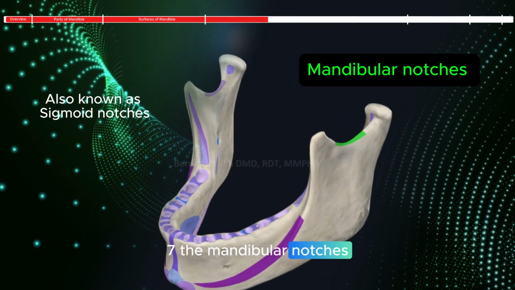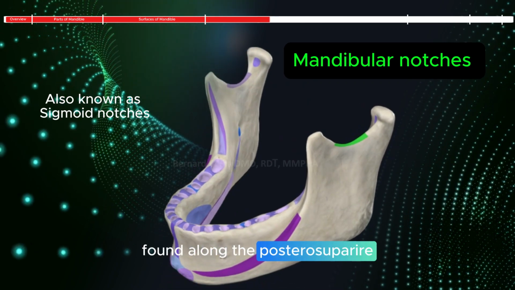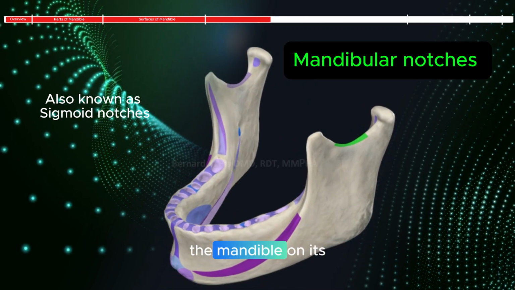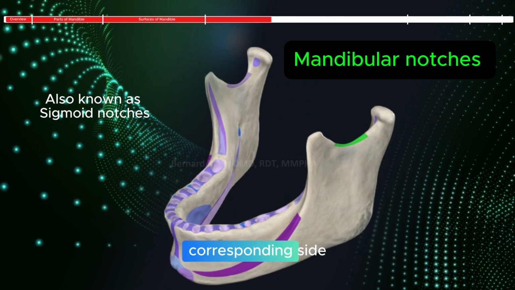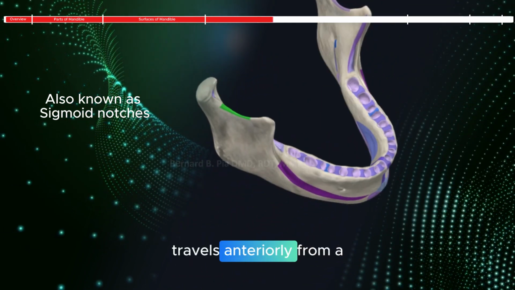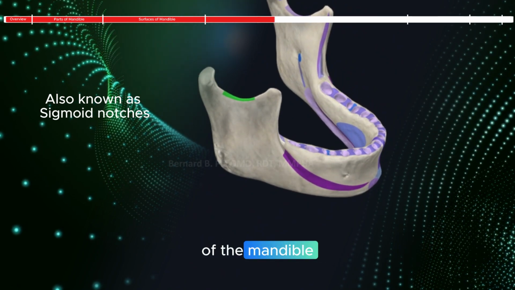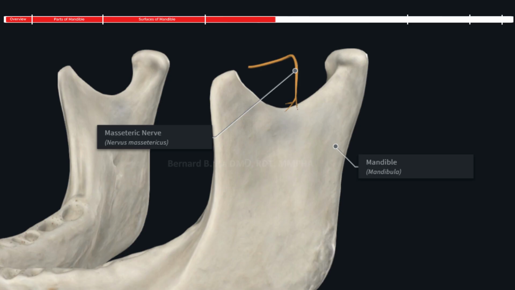The mandibular notches, or sigmoid notches, are the two deep indentations found along the posterosuperior aspects of the mandible. On its corresponding side, each mandibular notch travels anteriorly from a condylar process to a coronoid process of the mandible, and allows for the passage of the masseteric nerve and vessels.